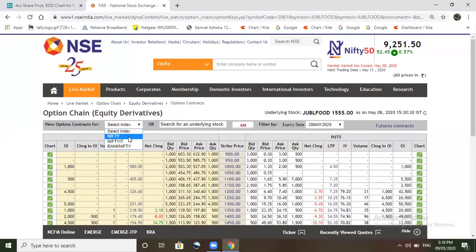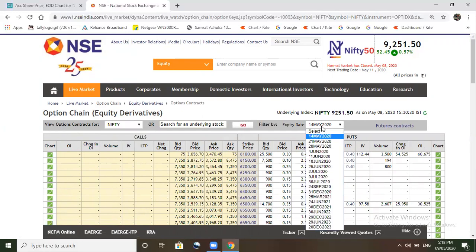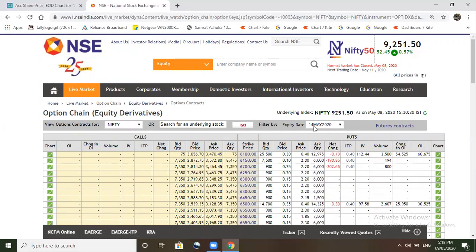Here we will select Nifty, and you have to select the expiry. We are not going to take monthly expiry, because we are going to use it for intraday. So we take weekly expiry, because weekly expiry will give the immediate support and resistance in the upcoming week.